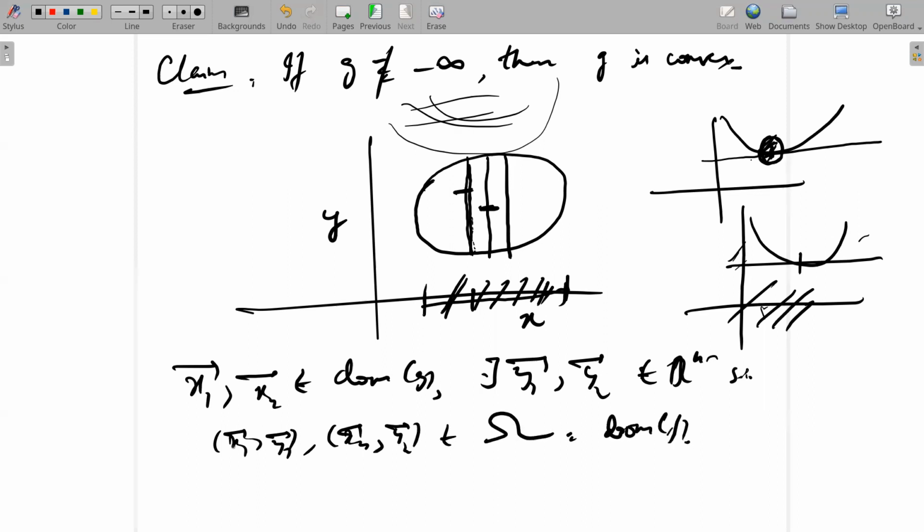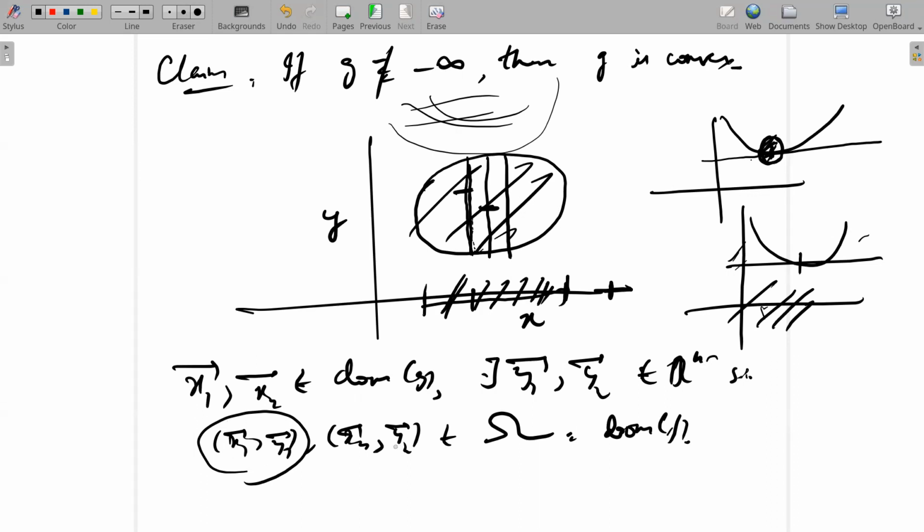Otherwise, f of (x, y) is not even defined. For example, at this point, this convex set has no points lying there, so talking about infimum doesn't make any sense.